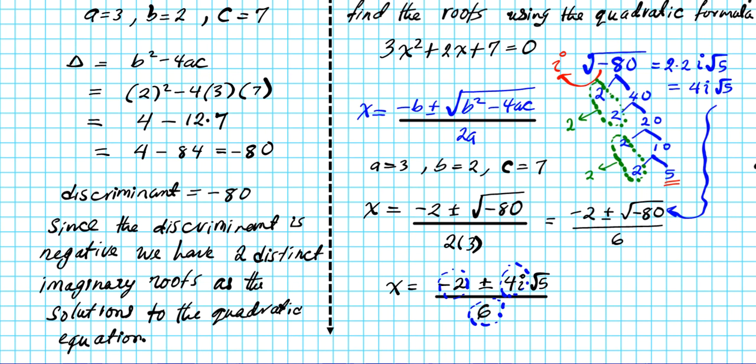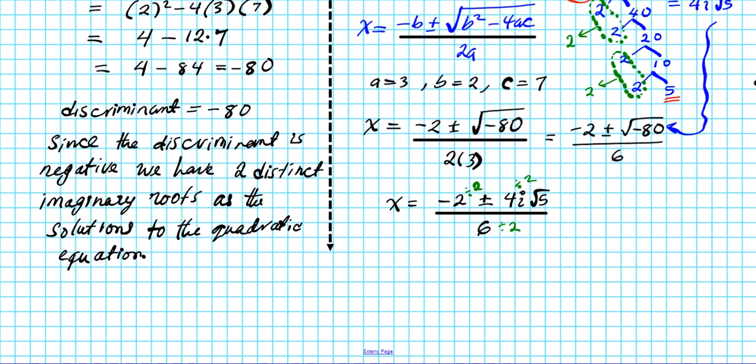So that means that this expression can be simplified. To achieve that, we'll simply divide every single integer by the GCF, which is 2. So divide 2 by 2, divide 4 by 2, and divide 6 by 2. Okay, that will give us the simplified form of our result.